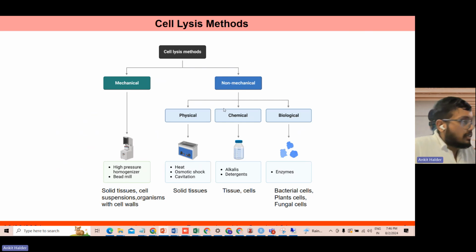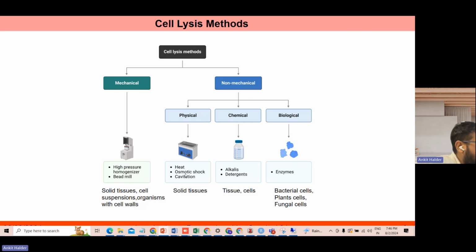And the non-mechanical methods can be physical, like heat, osmotic shock, and cavitation. Again, for solid tissues, we can do sonication followed by homogenization or bead beating using bead mills.